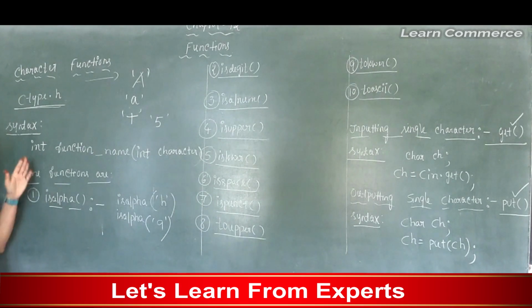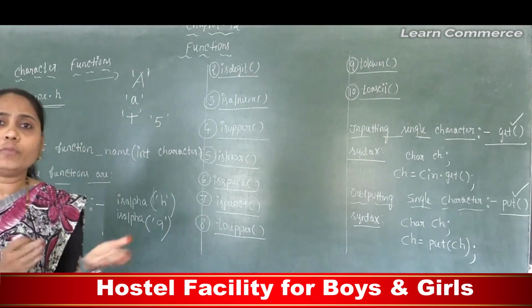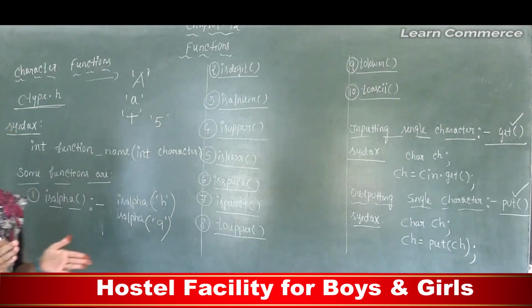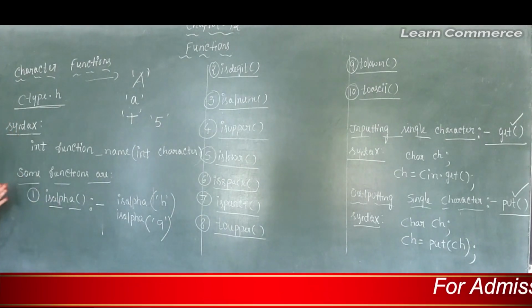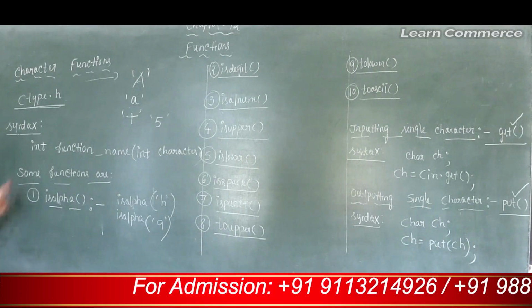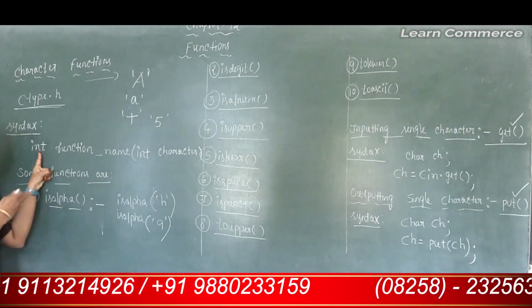Any type of data type we can use here, but you have to remember that in case of a single character we can use the data type int, otherwise most of the time we use the char data type only. The char full form is character. So int means any type of data type, maybe int or char here.